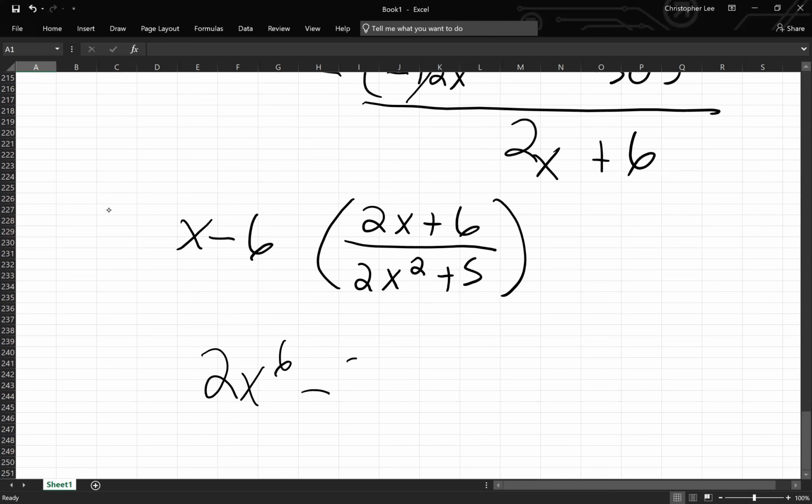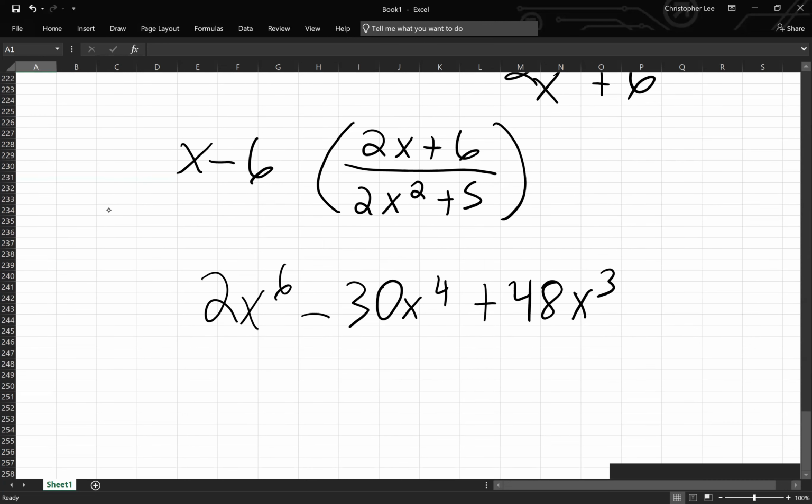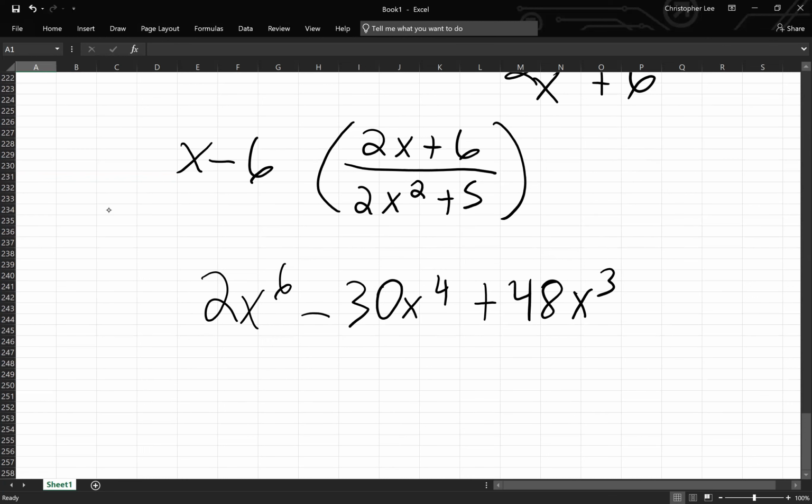Minus 30x plus 48x to the third. So for the GCF, I forgot to say, the first one was 24. Okay, I like 6 then.